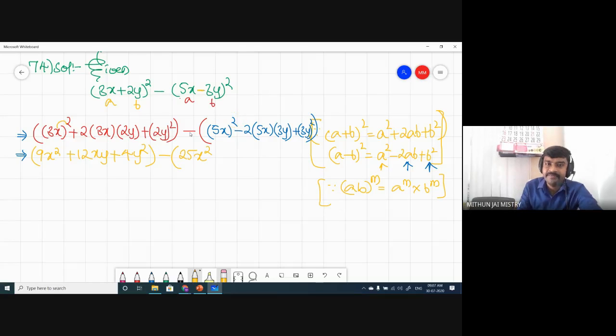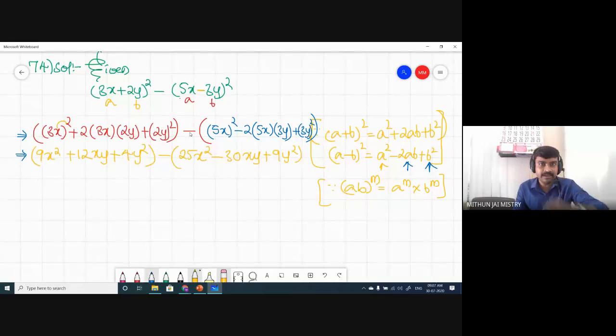Same like that I'm doing. Then we have a minus here. So please keep minus. 2 5s are 10, 10 3s are 30. So the number we are getting is 30. And then x into y is xy. And after that we have plus 3 square. 3 square is 9. And then finally y square is y square.